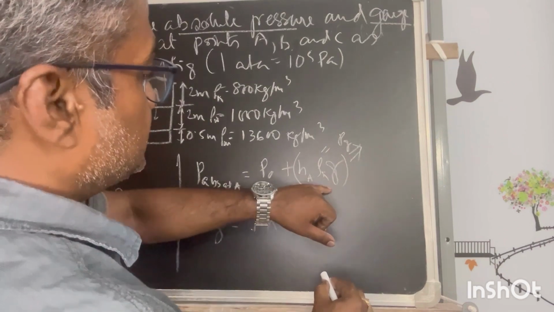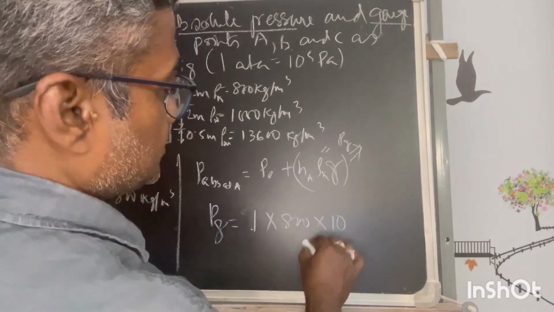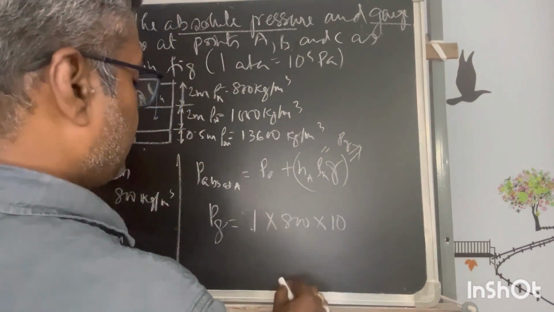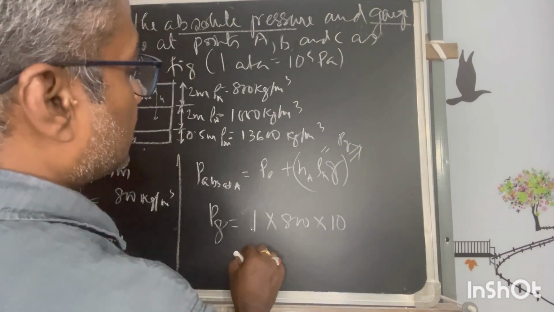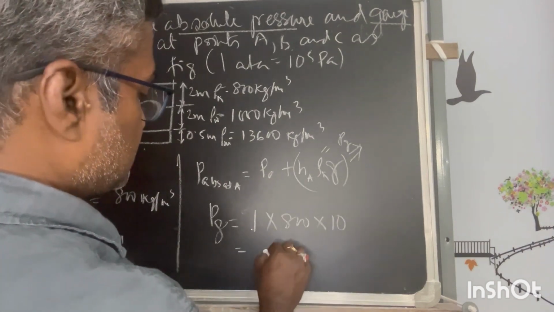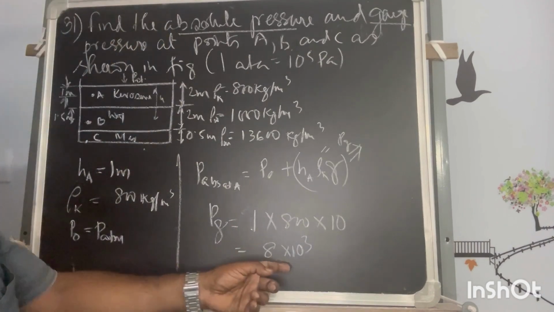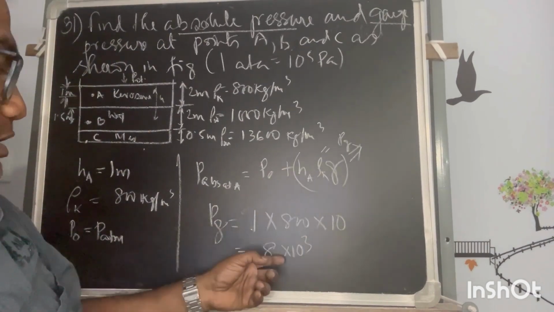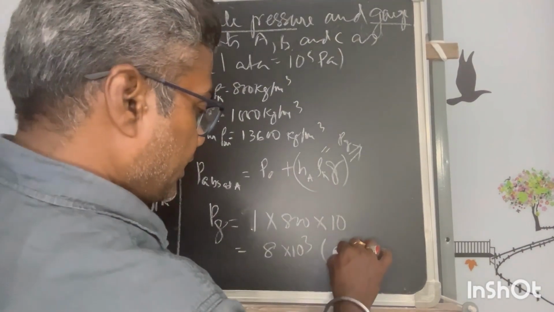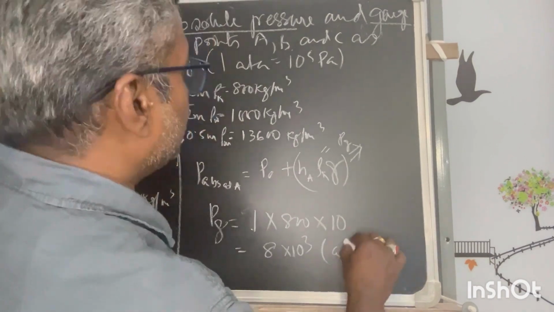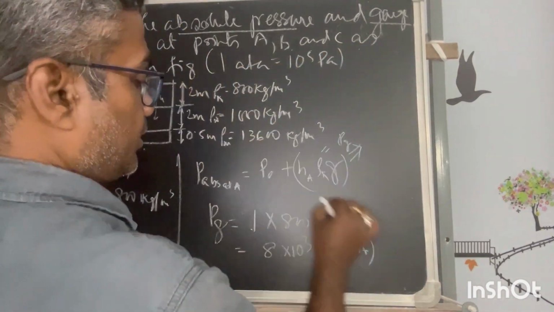In this case g we take in SI, rounded off to 10 for our calculation purpose. So this is nothing but 8 into 10 to the power 3. This is the gauge pressure at A. So that is one part of the answer for A.